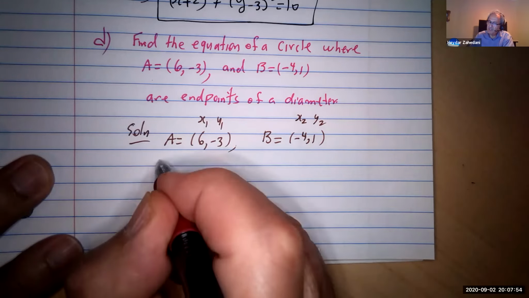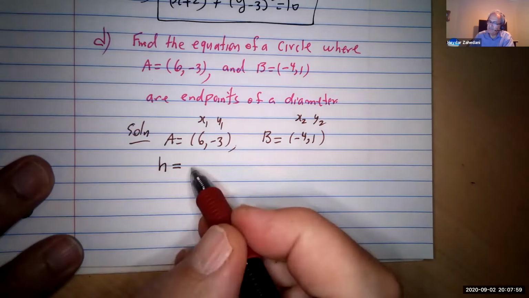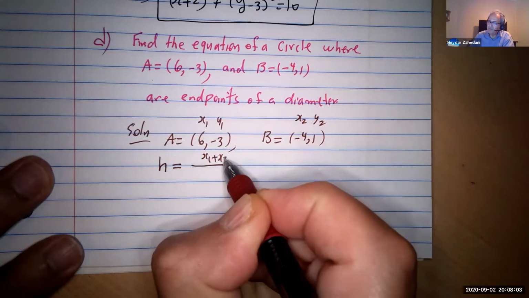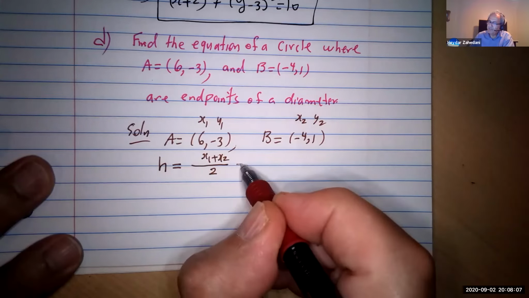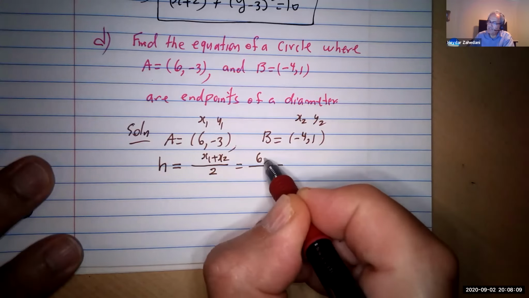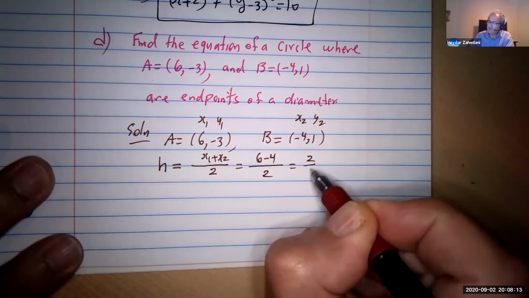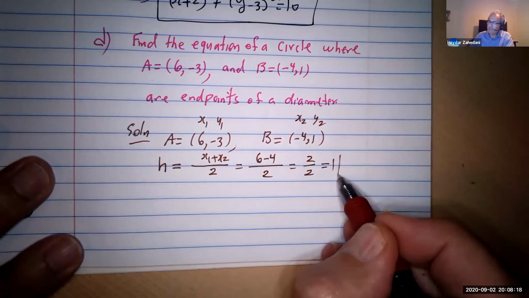So h, the x coordinate of a center, is, remember the midpoint formula, x1 plus x2 over 2. Substitute, it's going to be 6 minus 4 over 2. So that gives you 2 over 2 equal to 1. That's the h. Any question?